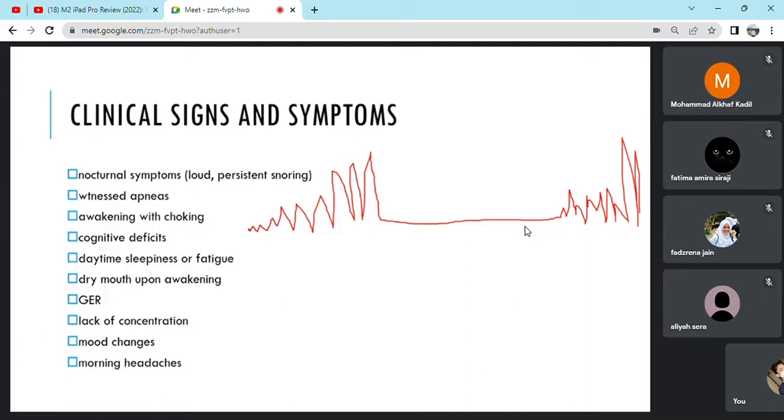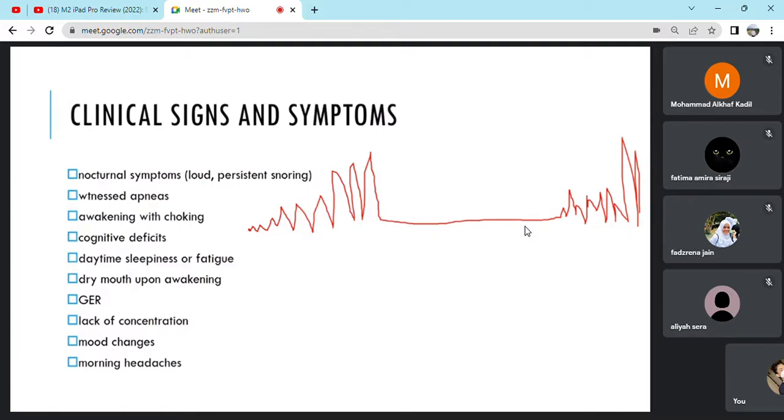So kung titingnan mo, paumpisa, palakas, palakas, palakas, and then biglang hindi hihinga yung pasyente. Okay? So bibilangin mo, how many seconds will that? And then after that, by the time that you will have now the build-up of your CO2, biglang mag-choke yung pasyente or you will have the gasping. Gaganon yung pasyente and then magigising siya. So those are the awakenings with choking or gasping events.